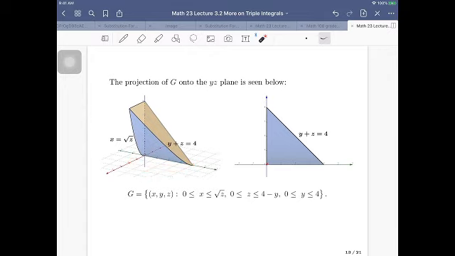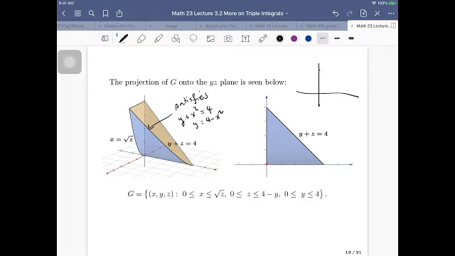Okay, so maybe I write it here. This one satisfies y plus x squared equals 4. So y plus x squared equals 4 is y equals 4 minus x squared. And how does that look? You have a parabola opening downwards, still in the first quadrant because we are in the first octant.